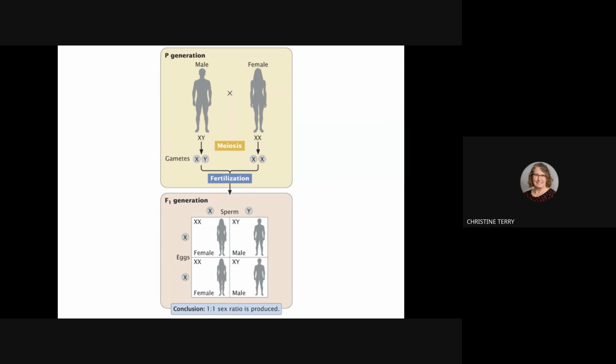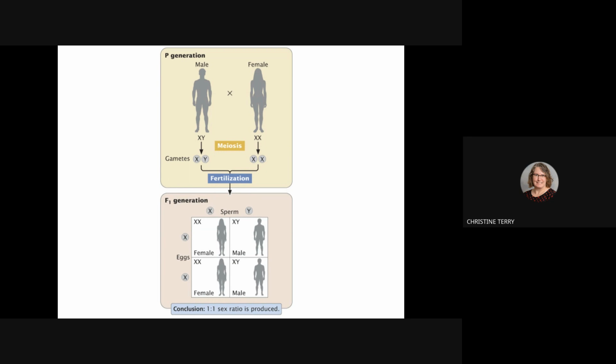So if there's failure to separate in meiosis 1, you can get an X chromosome, and that leads to something called Klinefelter, which we'll talk about later. So when we have females and males producing offspring, we expect a 50-50 ratio of females to males amongst the offspring.